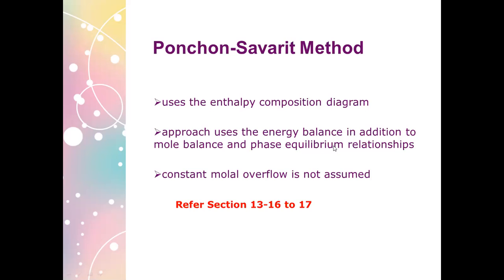If not, it's like a looping procedure in computer programming until your value is acceptable in terms of what is stated in a particular step. So now, in your case, it's no longer required that we discuss Ponchon-Savarit, but it is more accurate.